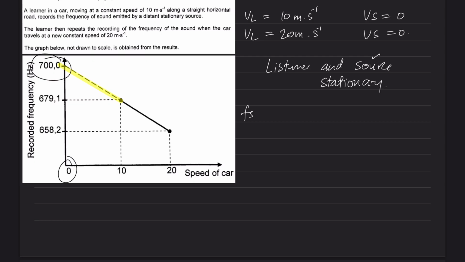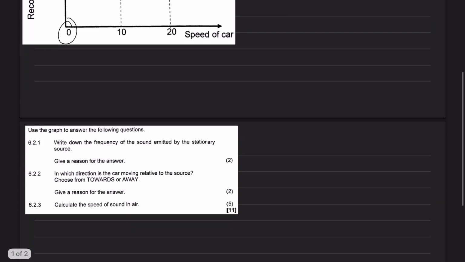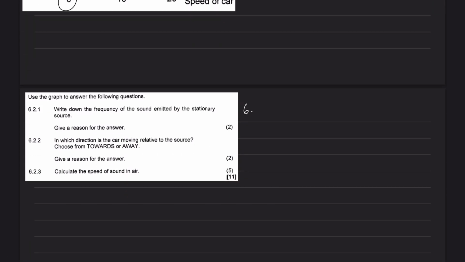So the frequency of the source is equal to 700 hertz, and that's because the listener and the source are stationary. Okay, let's write it down here. 6.2.1, frequency of the source is 700 hertz. Why? Because both the listener and the source are stationary.